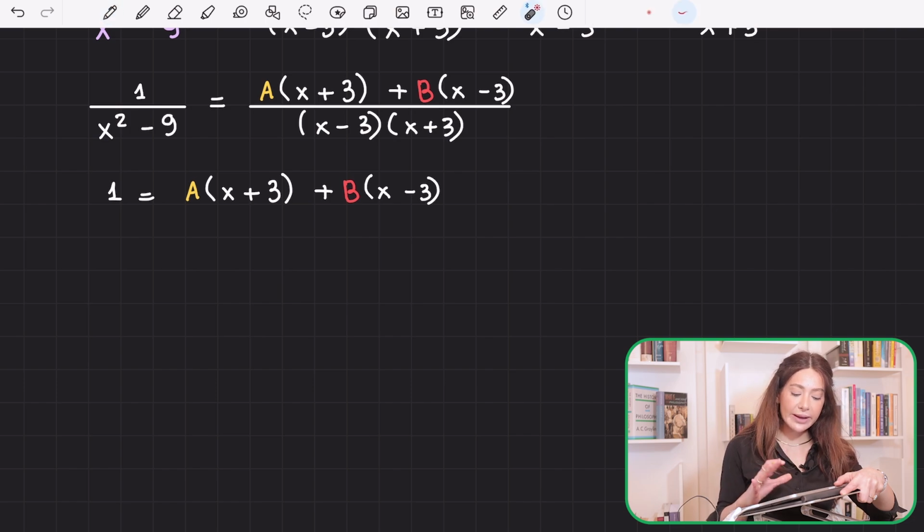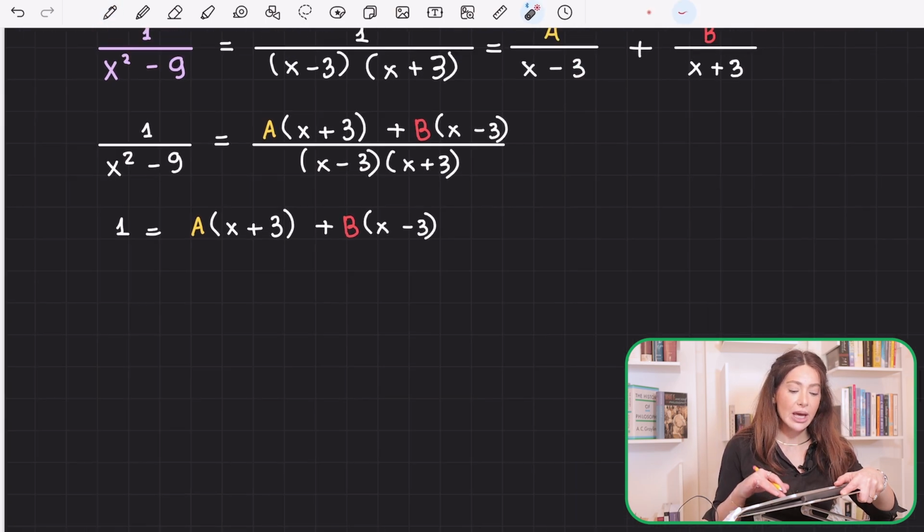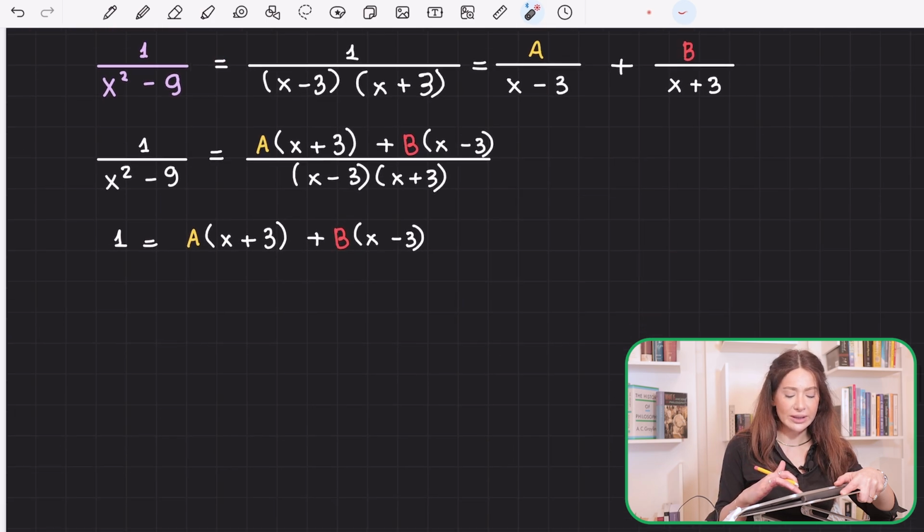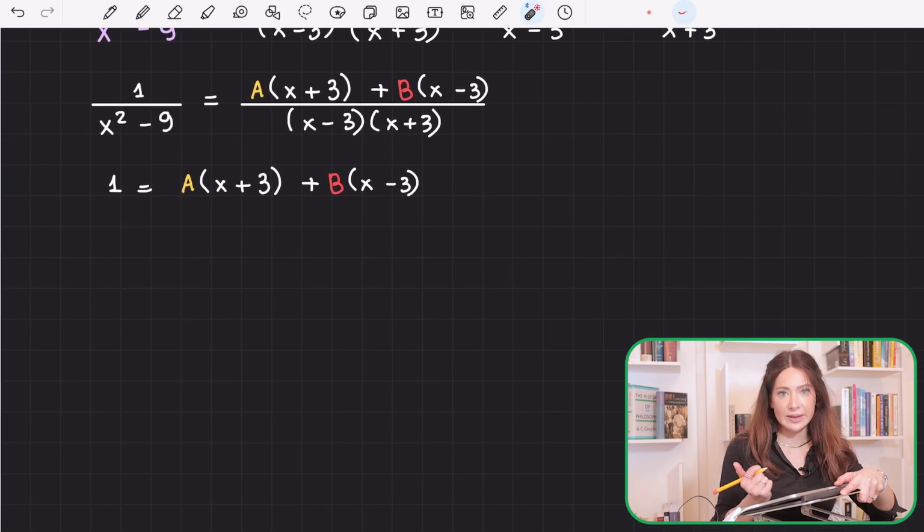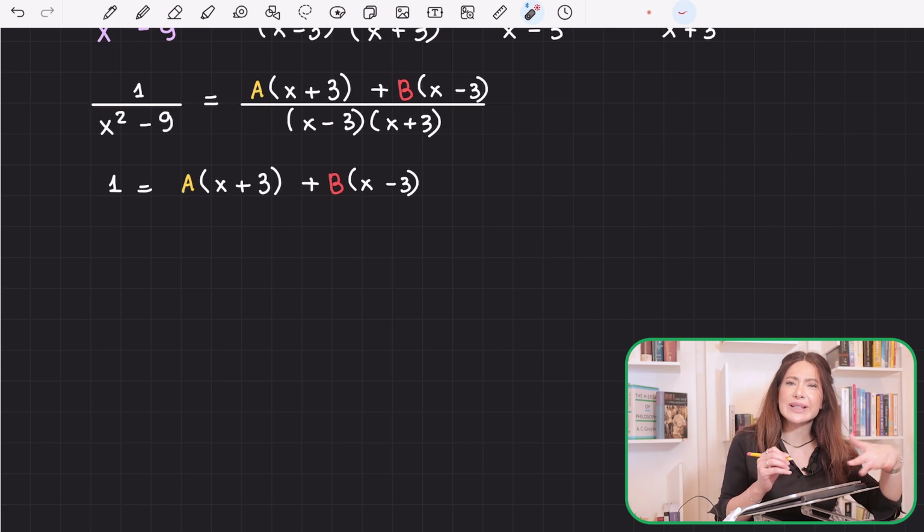Okay, so the way that you do this whenever you have distinct linear factors is usually not by writing down a system of linear equations. You do that later when you have irreducible square factors. But here, you just do a simpler kind of rogue math. You eliminate this term to find A, then you eliminate this term to find B. How do you eliminate this term?